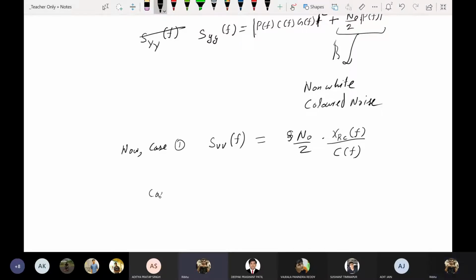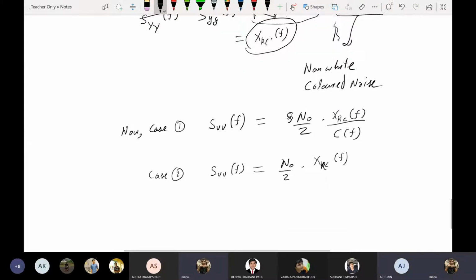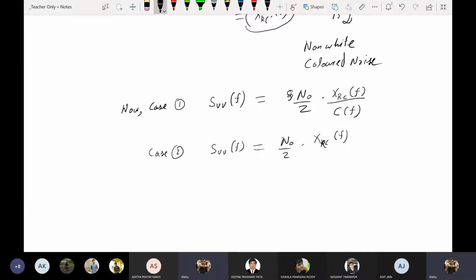Case 2. This part remains the same in both cases. Yes, sir. The second part is the only thing that changes. This will anyway reduce to XRC F. This part is the same in both the cases. Yes, sir.